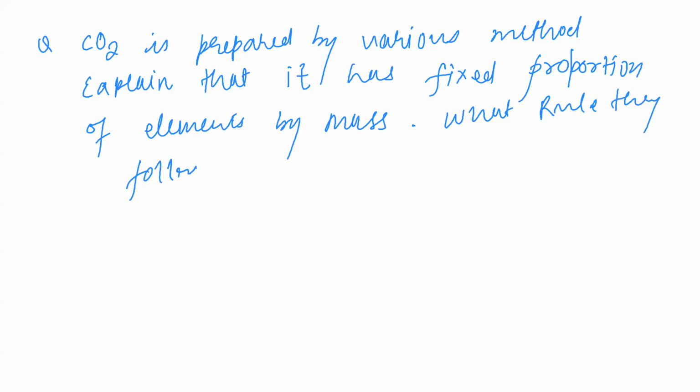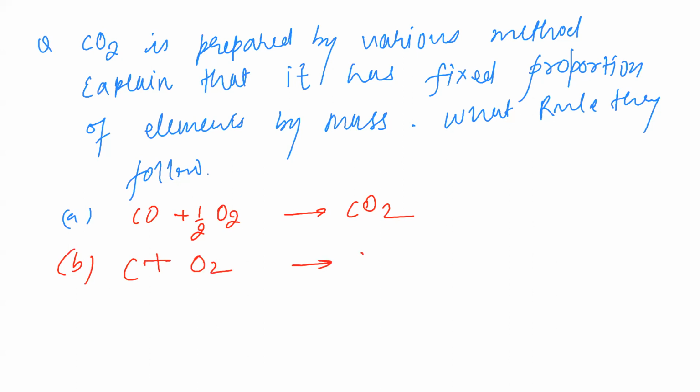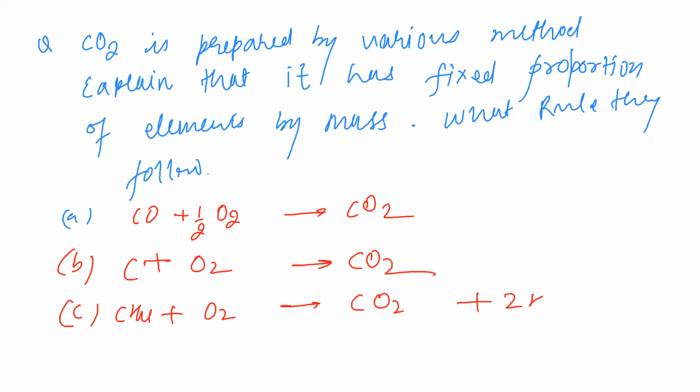A: CO plus half O2 gives CO2. B: C plus O2 gives CO2. C: CH4 plus O2 gives CO2 plus 2H2O. D: CaCO3 on heating gives CO2 plus CaO.